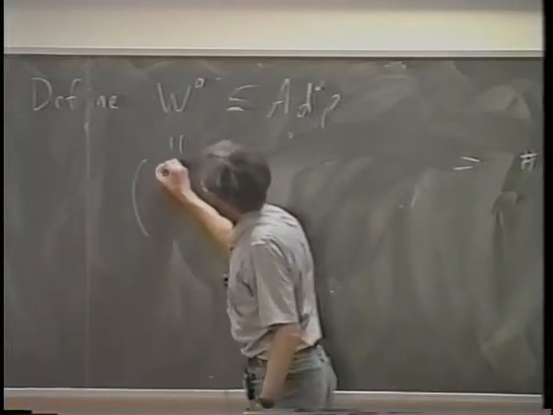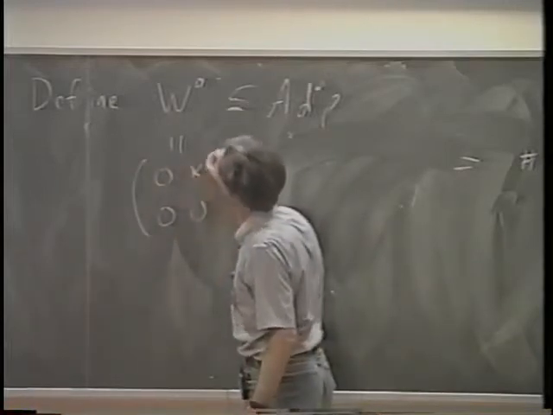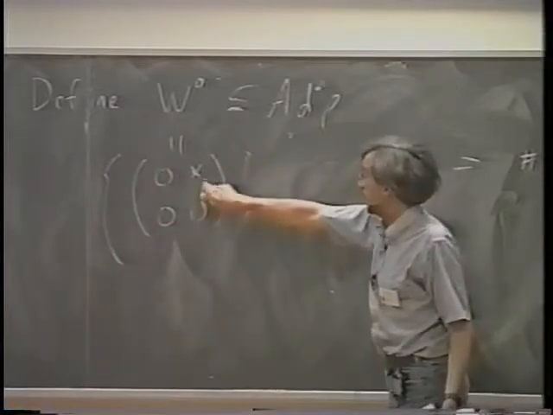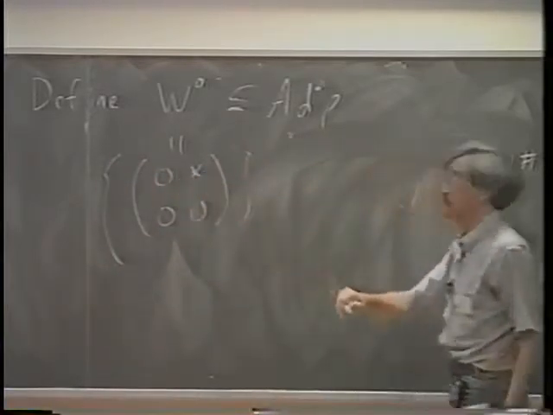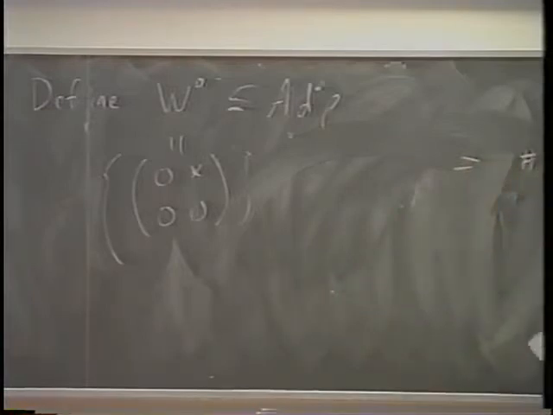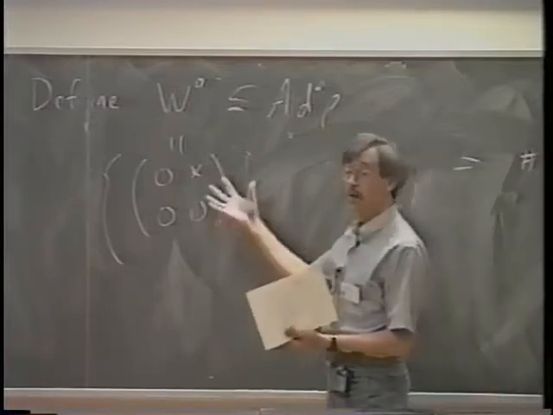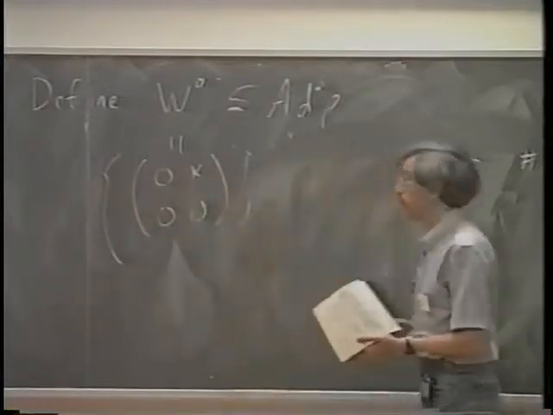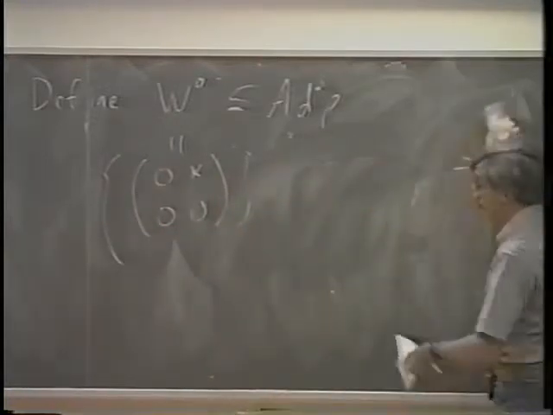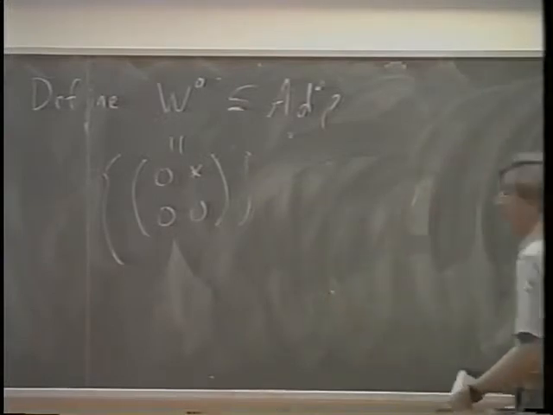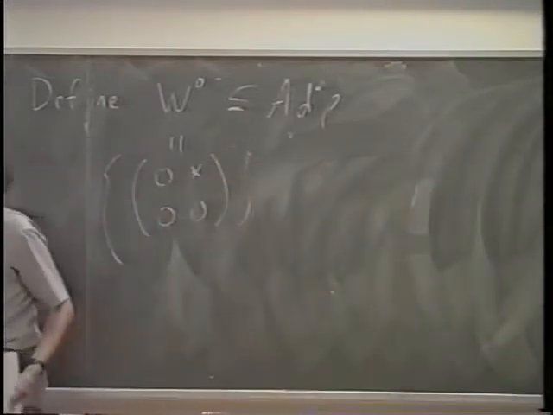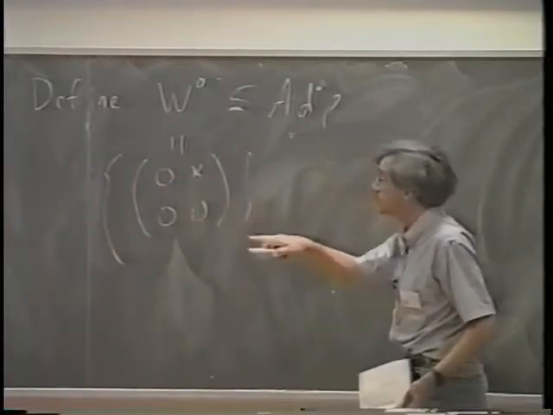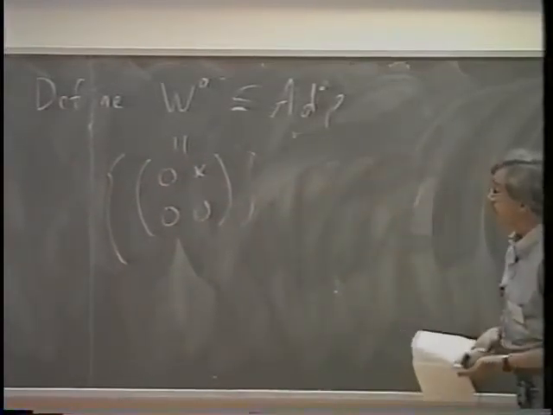This is even smaller: matrices where only the upper right-hand corner is non-zero. Turns out this is stable under the Galois action, because remember, we're acting by conjugation. It's a very easy calculation to see that as long as we're just looking at what happens in G_P, when you conjugate by a matrix like that on this, you get something that's still in this set.